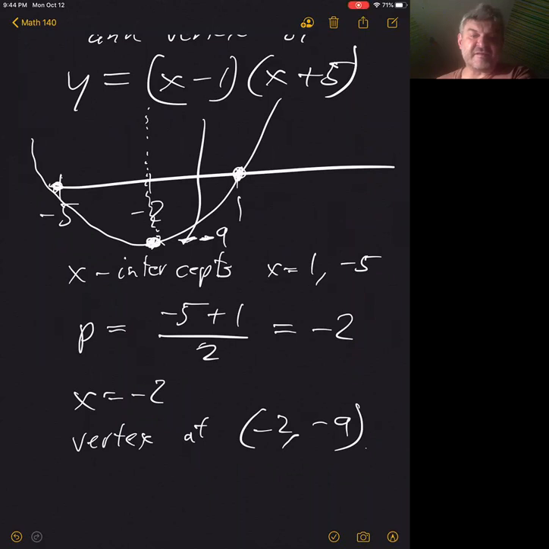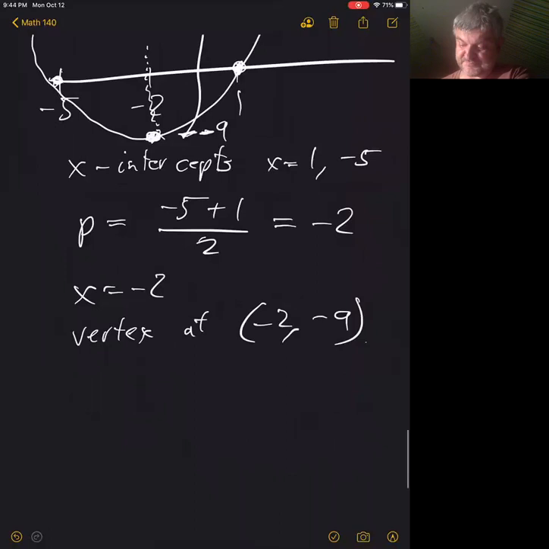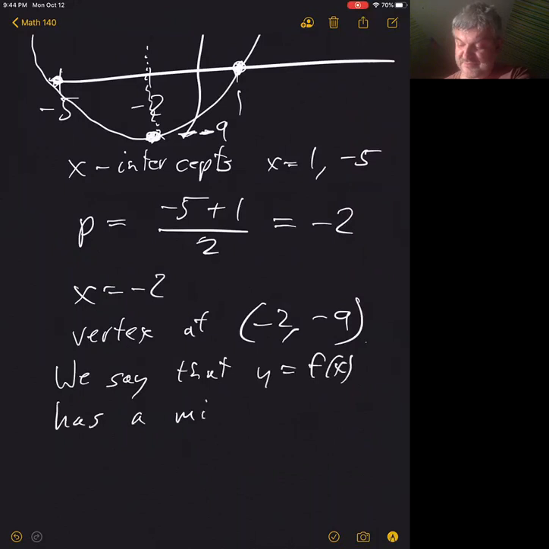I should still mention the words maximum and minimum. We say that y is f of x has a minimum at p comma q. So that's already thinking about the example of a parabola with a vertex at p comma q.